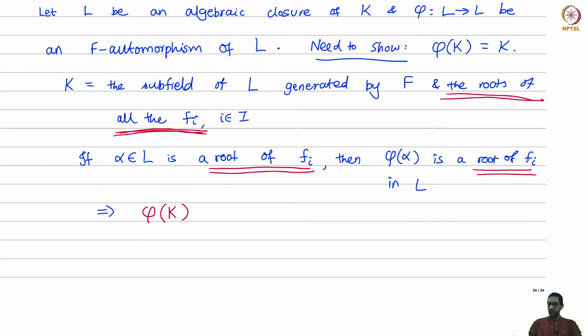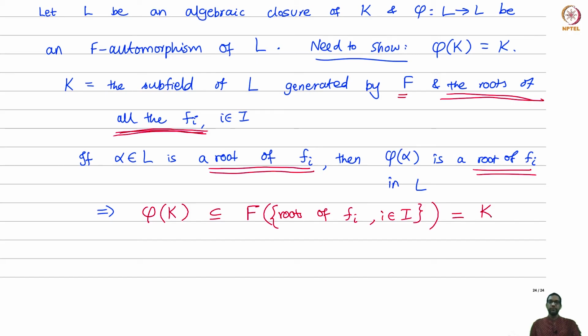So when you apply phi to K, what are you going to get? Well, phi maps F to F, it's identity on F. So F goes to F and the roots of f_i map back to the roots of f_i. So it's just the subfield generated by F and the roots of f_i. But that's exactly K once more.